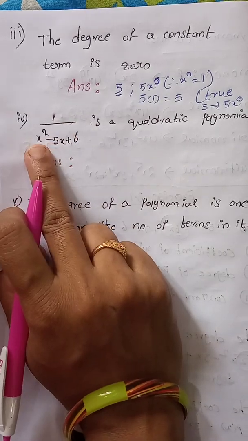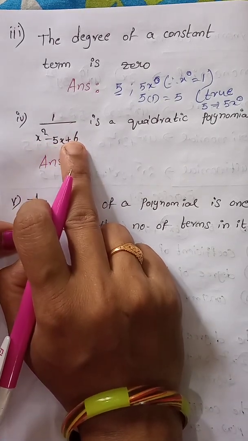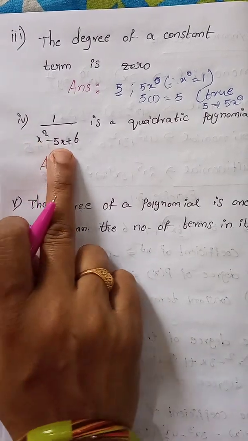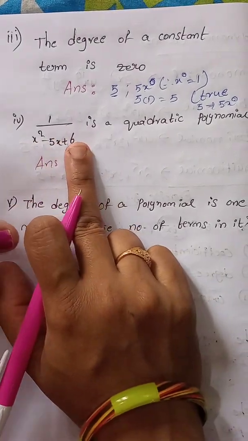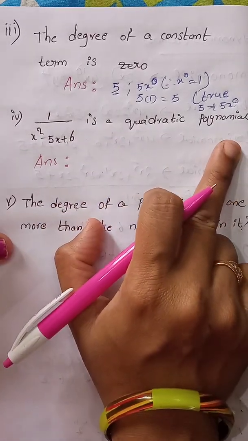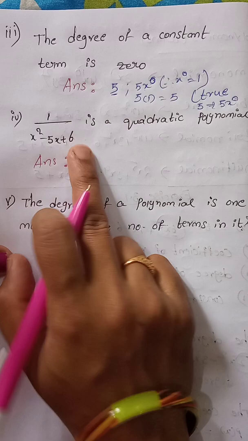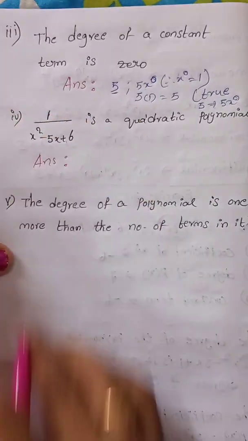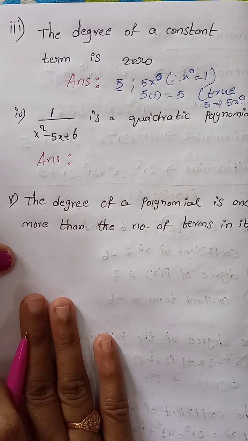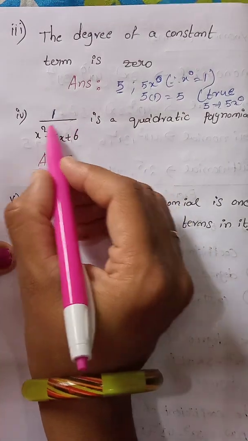1 by x square minus 5x plus 6. This is the given expression. It is said to be a quadratic polynomial. Here they are asking, is this a polynomial? No, because a polynomial should have non-negative integral powers. Here the expression is in the denominator.